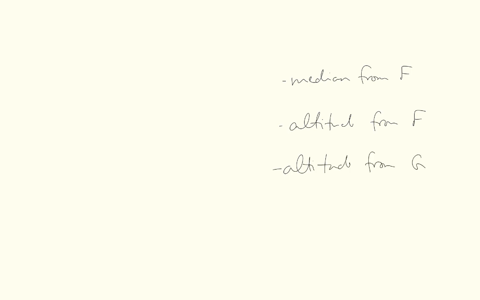See if you can draw the median from vertex F. See if you can draw the altitude from vertex F. See if you can draw the altitude from vertex G. And see if you can do the right bisector or the perpendicular bisector of side GH. Give it a shot. Good luck.